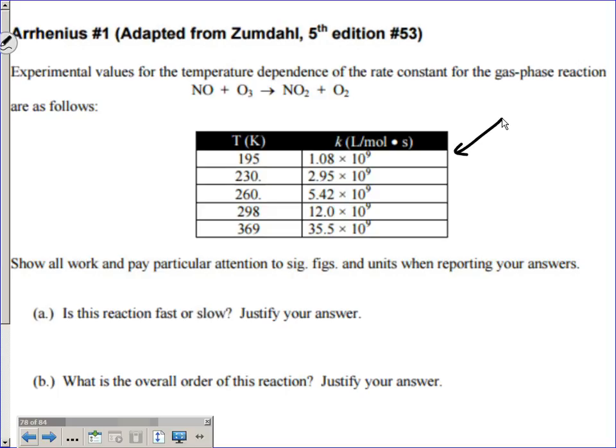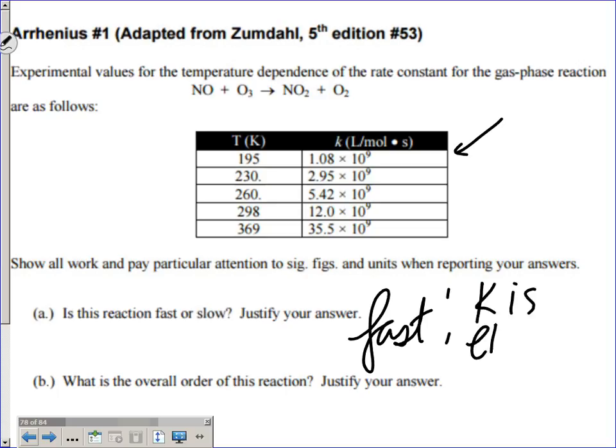So what did I just say about the value of k? Very large, right? Very large k, meaning rate law constant, means large rate, means fast rate, right? So it's fast, and you're going to say that's because the k is enormous. The k values are very, very large. And as you're inputting data, you're seeing that the values are very large.